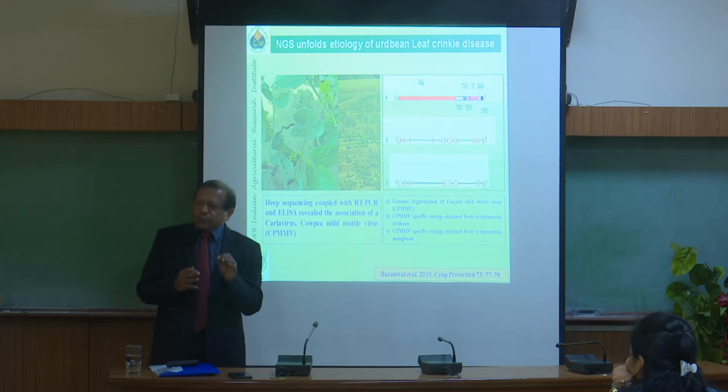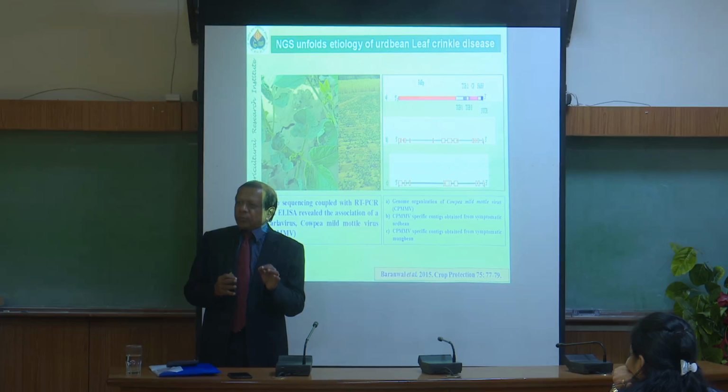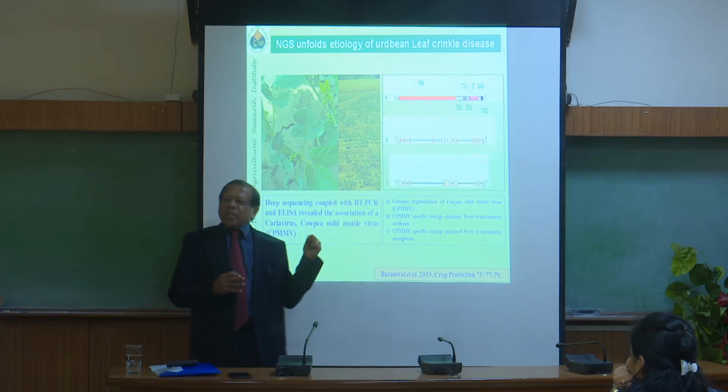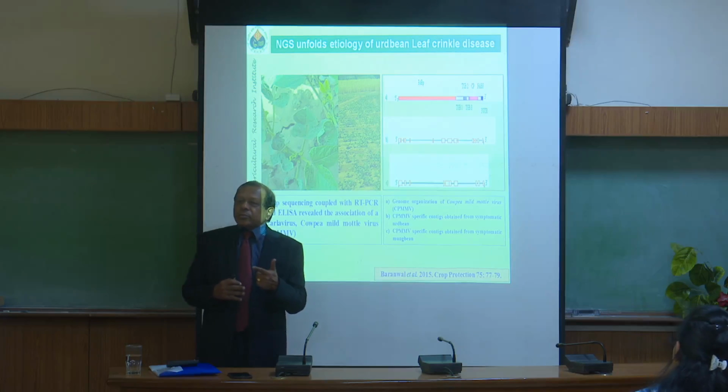So in order to be sure that it is the causal agent of the disease, we have to do the pathogenicity test. Okay? So we have merely seen the association of the virus, but that does not mean that it is the cause of the disease. So that we are yet to confirm, that urd bean leaf crinkle is because of a Carla virus, that is cowpea mild mottle virus.